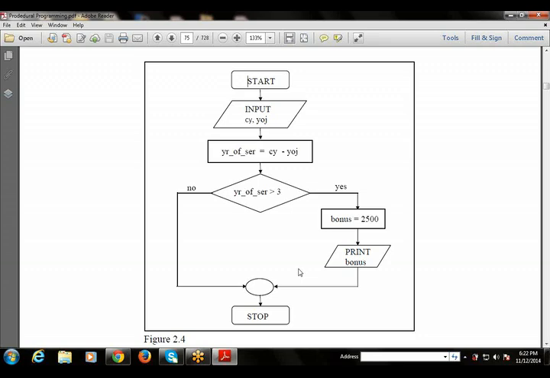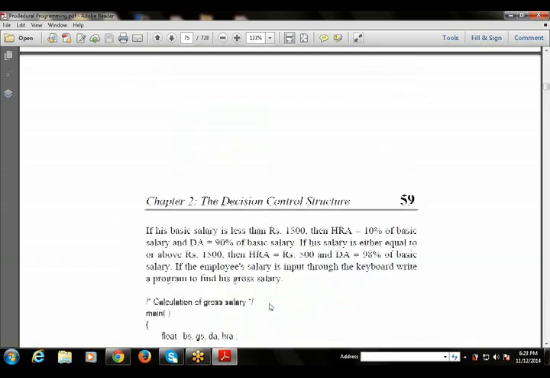Then check the condition: if the year of service is greater than 3, that is, the person has been in service for more than 3 years. If yes, then give the bonus as 2500 and print the bonus. Otherwise, no, then stop there only.